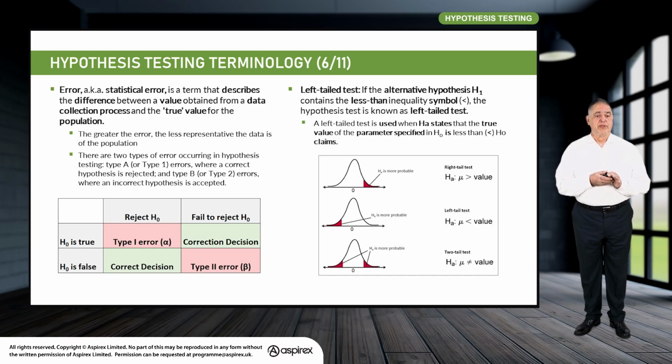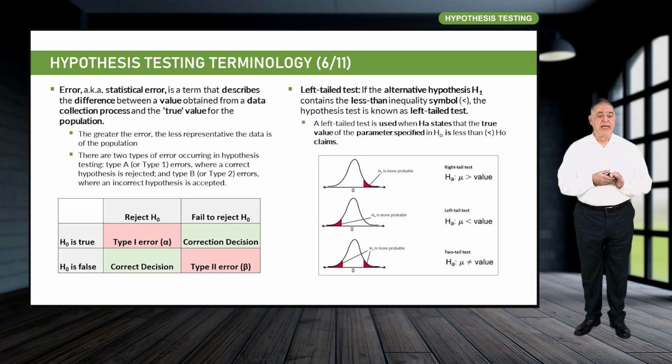So if the null hypothesis is true and we reject it, then we commit a type 1 error, or alpha error, as we call it. If the null hypothesis is false and we fail to reject it, then this is the correct decision.